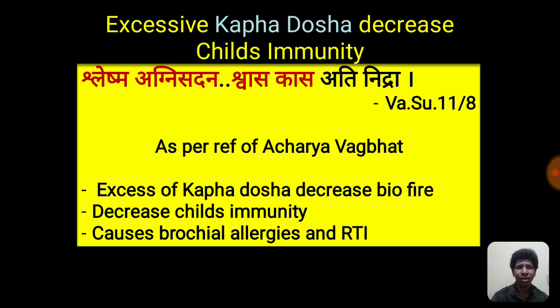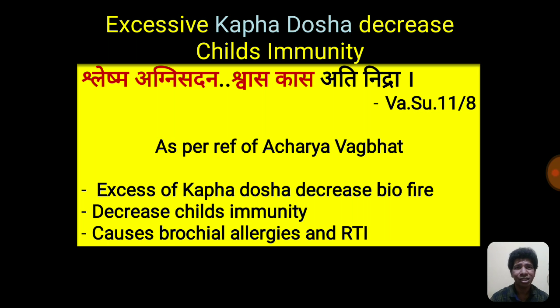Indirectly, Vagbhat wants to say that excess of kapha dhatu causes Agnisadana. This Agni can be related to immunity. This Agni can also be related to the Amashaya, where the formation of Rasa dhatu takes place, which is one of the most important contributing factors for the immunity of the lungs.